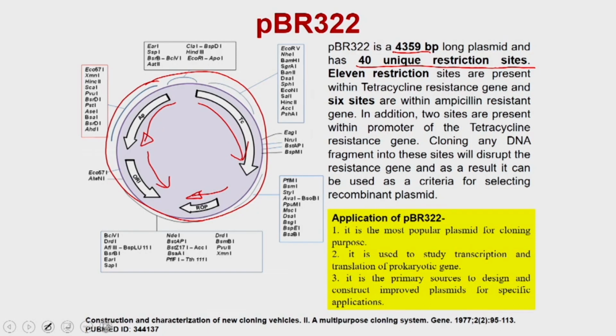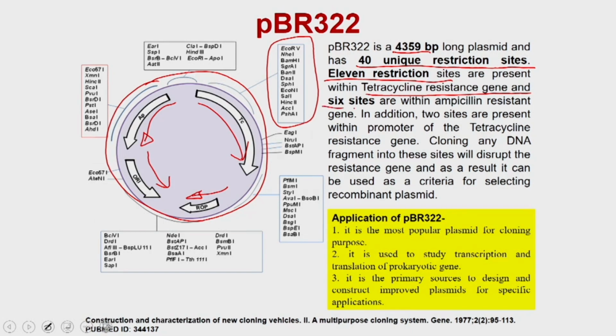These restriction sites are widely distributed among the ampicillin resistance gene and the tetracycline resistance gene. So you have 11 restriction sites present in the tetracycline resistance gene.